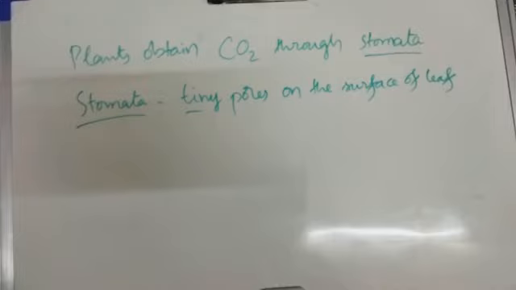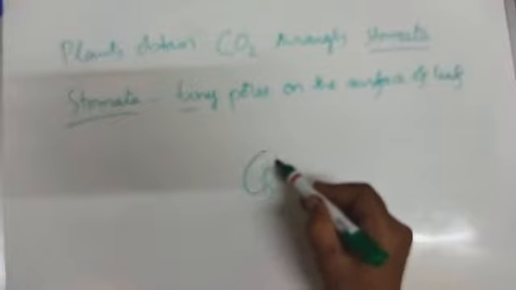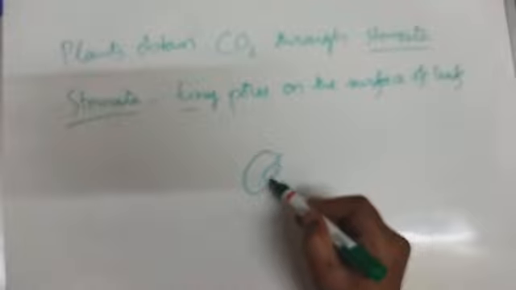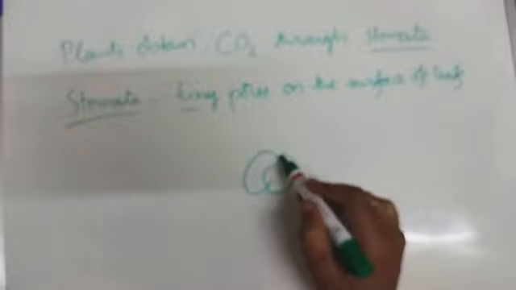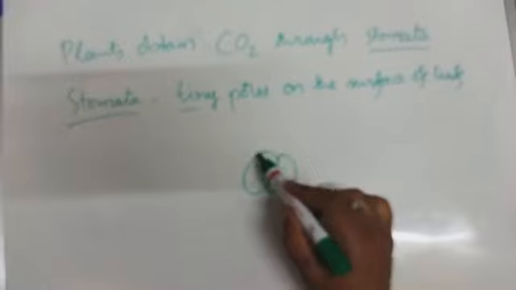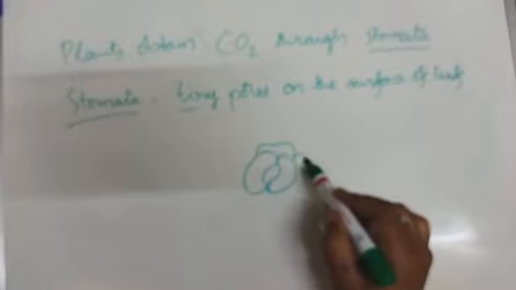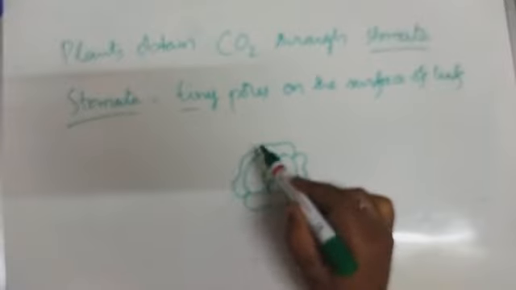If we look at the structure of the stomata, it contains a pair of guard cells, which are kidney shaped or bean shaped, and surrounding them some companion cells.